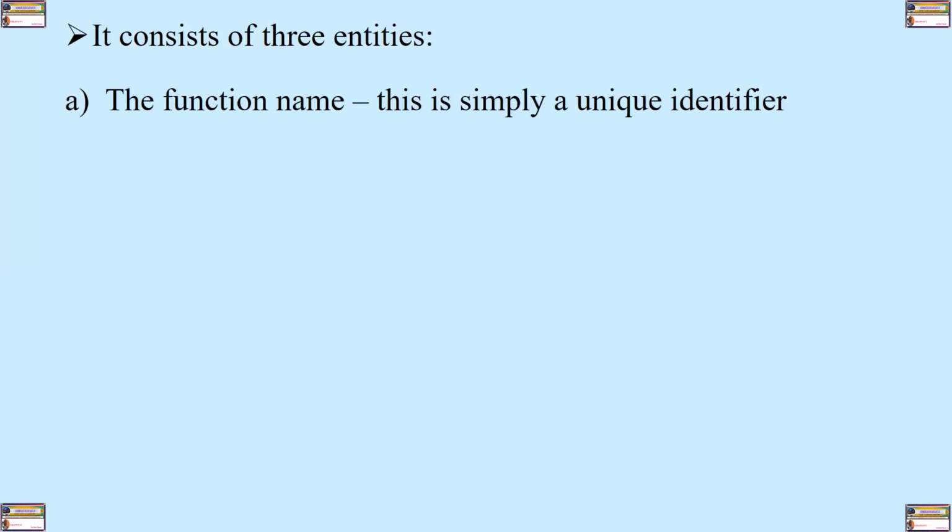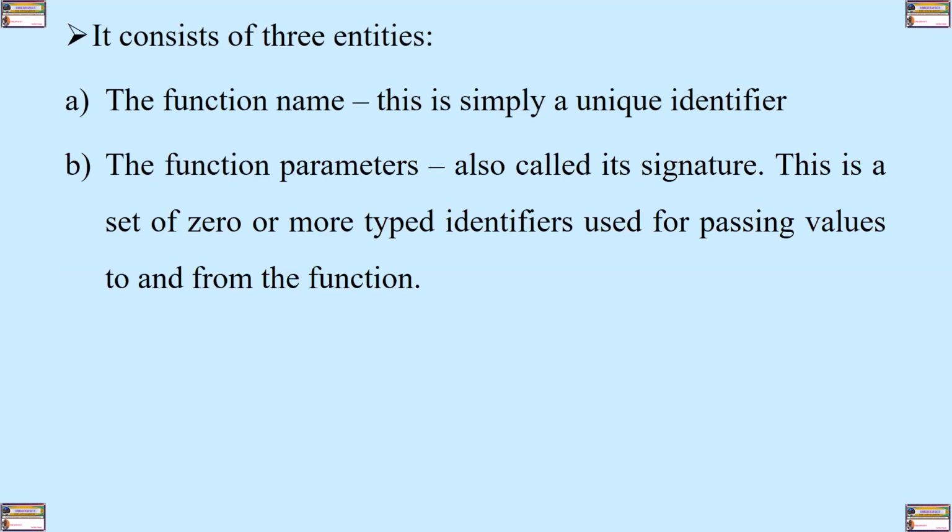One, the function name. This is simply a unique identifier, and we have said every function has a name, and every function should have a unique name. So don't use the same name for different functions within the same program. Then we have what we call the function parameters, also called the function signature.